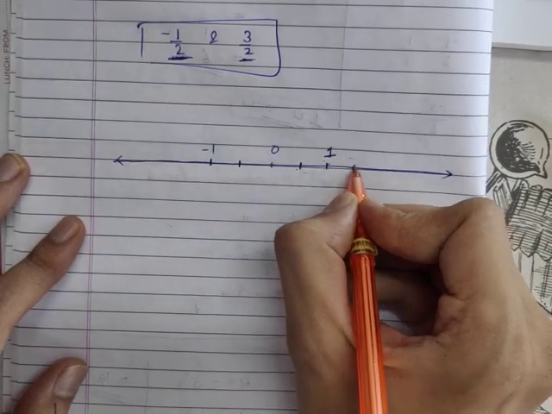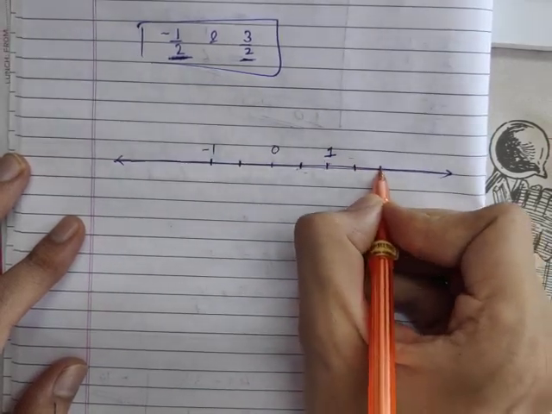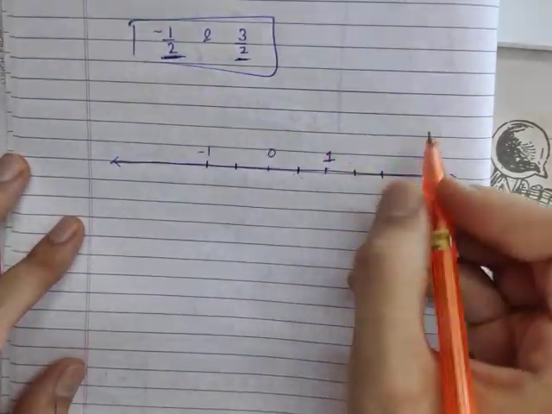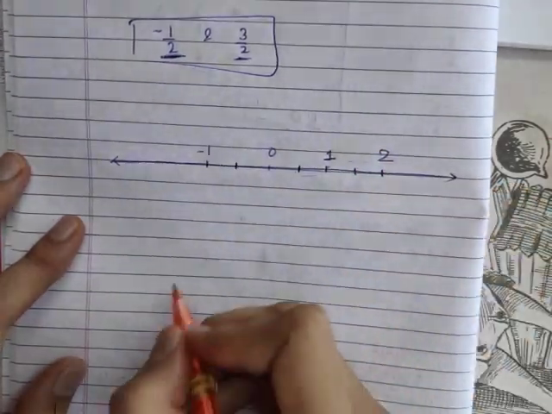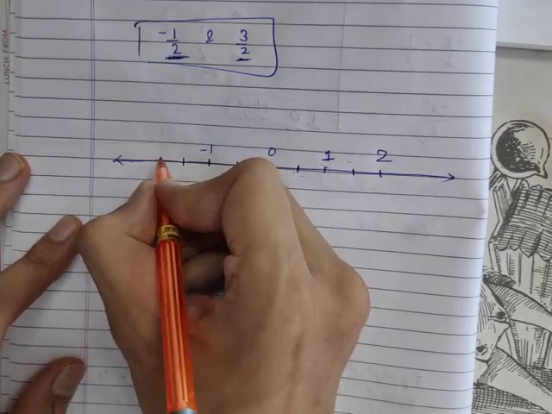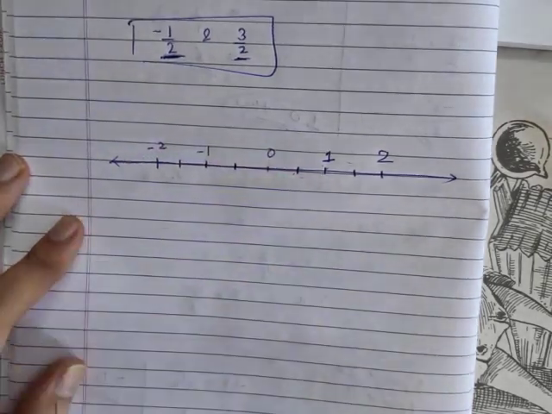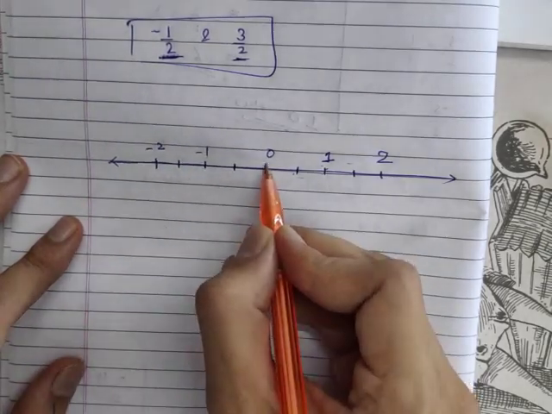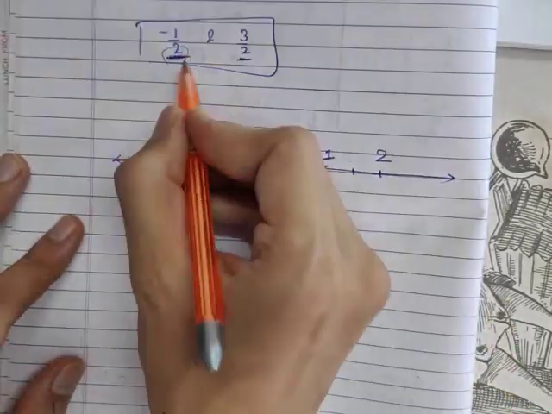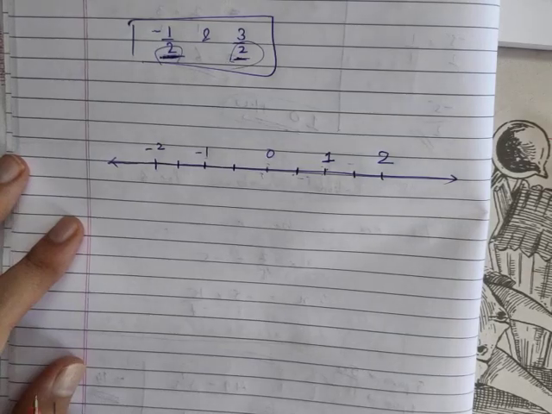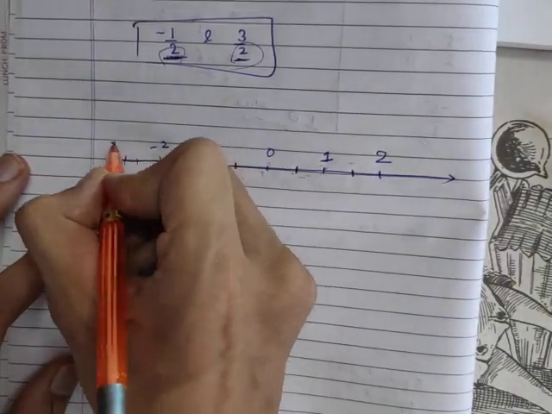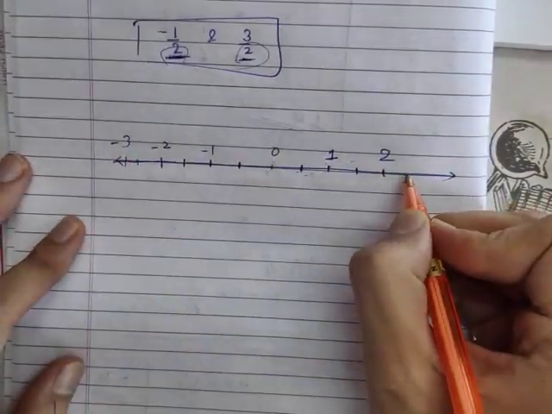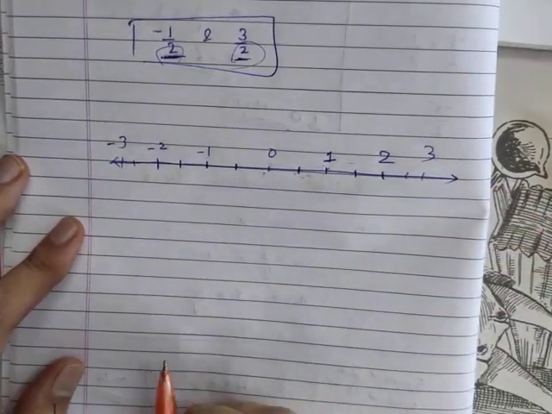No. I'll mark here and then mark once again because I need distance of 2. So I'll call this 2. Similarly, here and then this will be called -2. So between every number, there is a gap or distance of 2, 2, because the denominator is 2. And one last, I'll mark here -3. Similarly, I'll mark here 3.